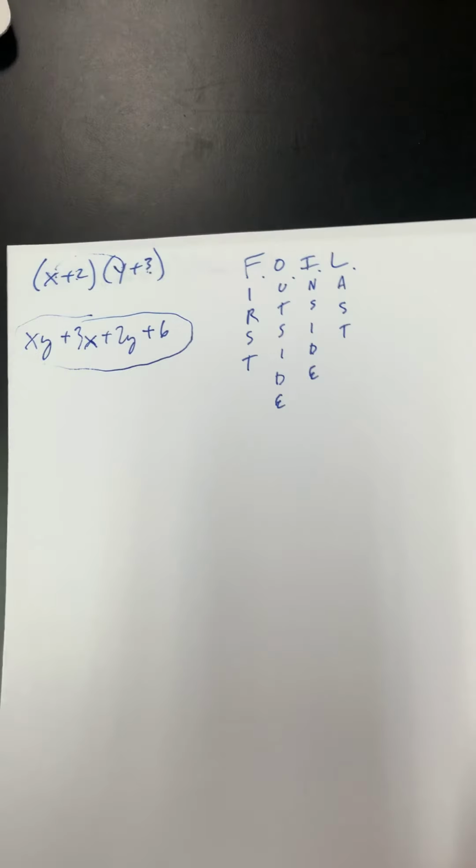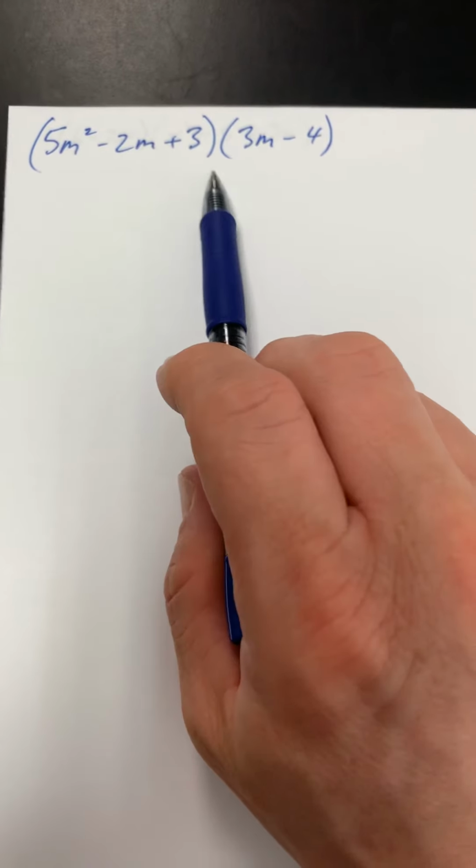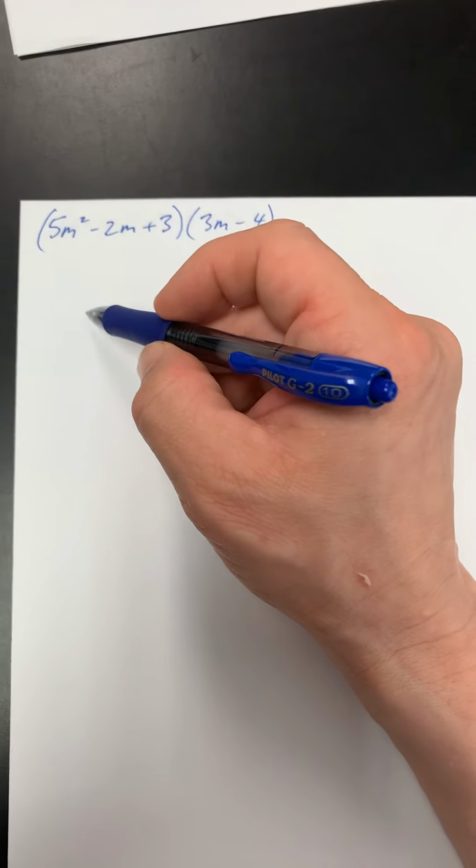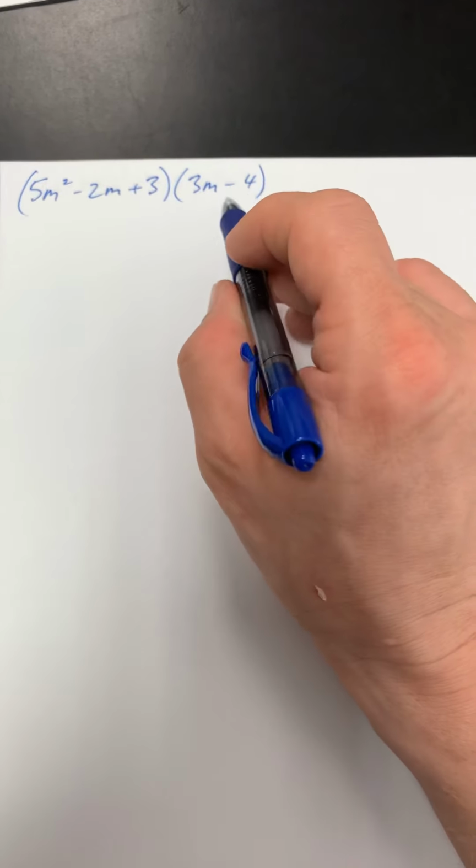All right, let's look at another one. Now let me show you what I do when you have a trinomial being multiplied by a binomial. I like to put the binomial first.